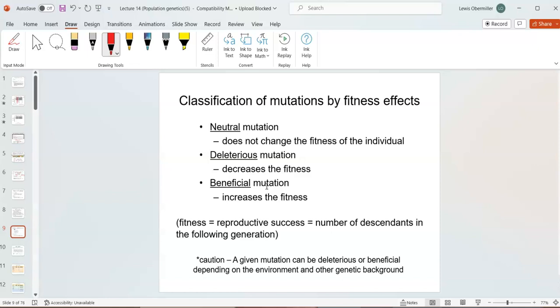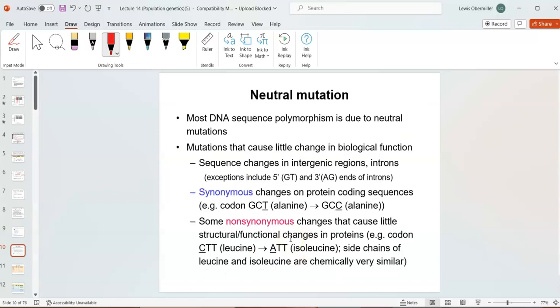So your ability to use lactose as an energy source would be a beneficial mutation. And we talked about this. Fitness is reproductive success, right? It doesn't really matter as long as you can reach an age old enough to have children, and then it's not going to affect you.